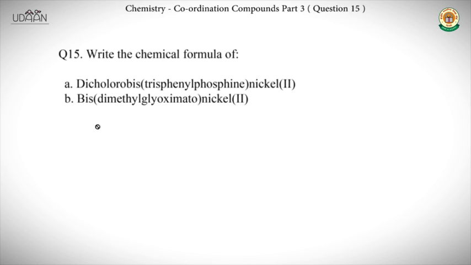How we'll do that. So for the A option, we've been given dichloro bis triphenyl phosphane nickel 2+. So we directly know that Ni2+ is present. We know that there is PPh3 twice because we see that there is bis. We see that it is dichloro, so it is Cl2. But now we know that C comes before P, so we'll have to write it in that order.